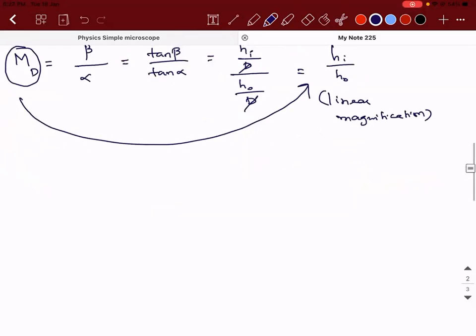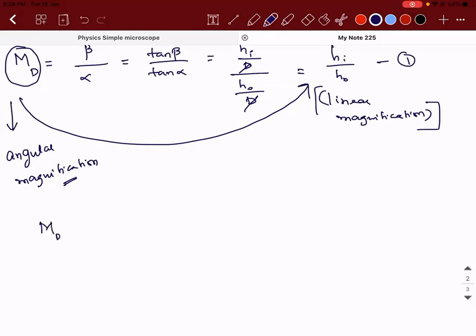So try to understand that magnifying power is angular magnification, but this theory is telling that the angular magnification is exactly equal to the linear magnification in the case of a simple microscope. If that is the scenario, hi divided by h naught, then we know that linear magnification with respect to a convex lens is also given as v divided by u.